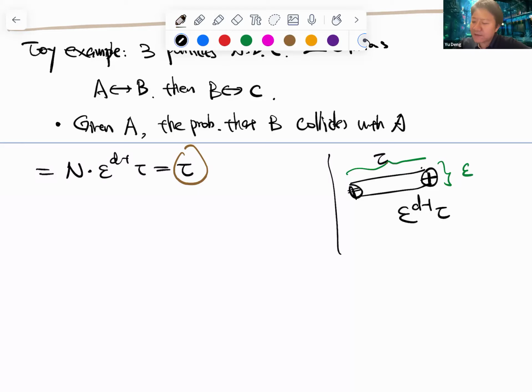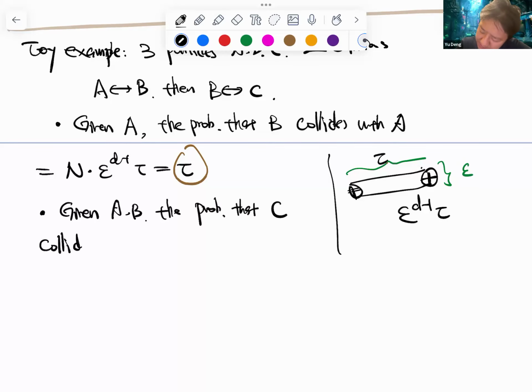Okay, so let's say given A, we want to choose a particle B that collides with A, and then we get this probability. And then given A and B, the probability that C collides with B is equal to, again, if you fix the parameters of B, n times epsilon to the d minus 1 times tau, which is also equal to tau.